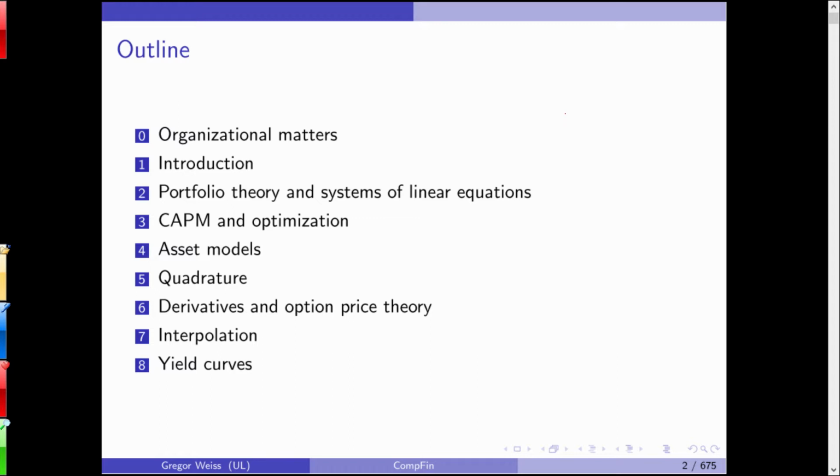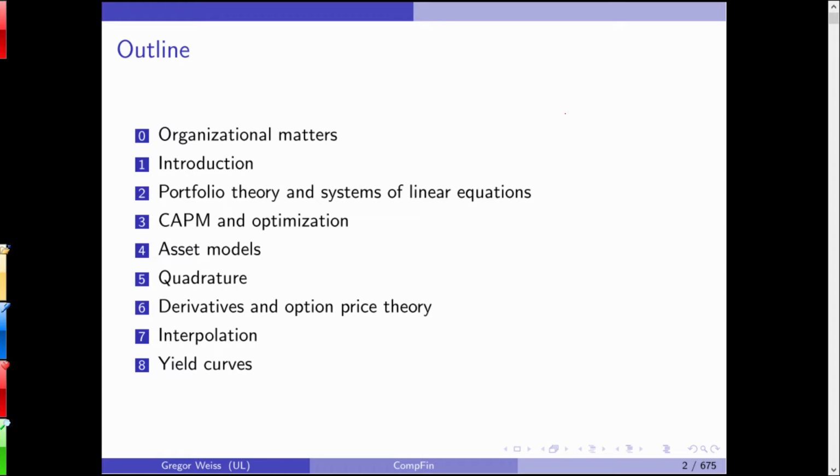That's why it's called asset models. We'll talk about quadrature or numerical integration, which isn't used so often directly in finance, but you see this every now and then if you need to do estimations, especially in statistics.